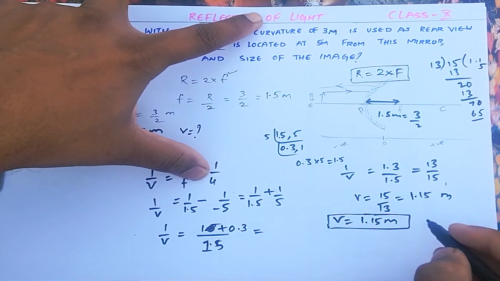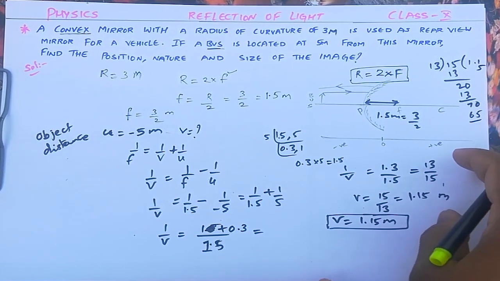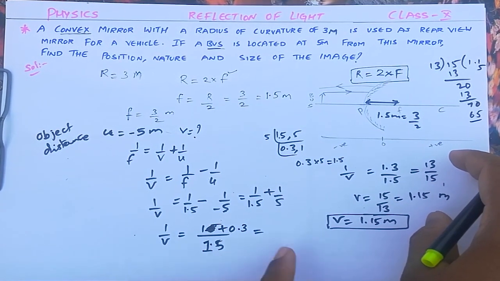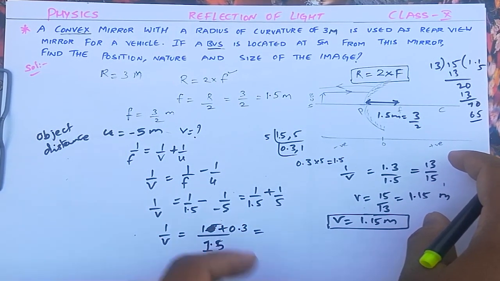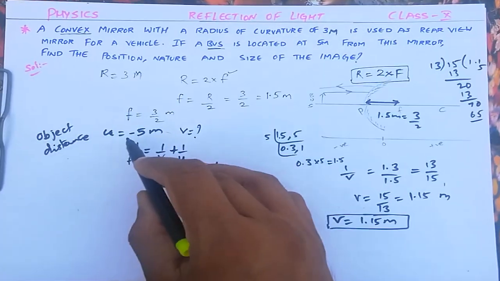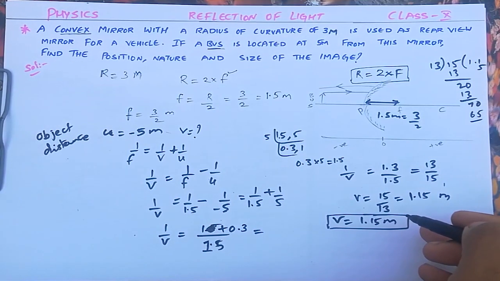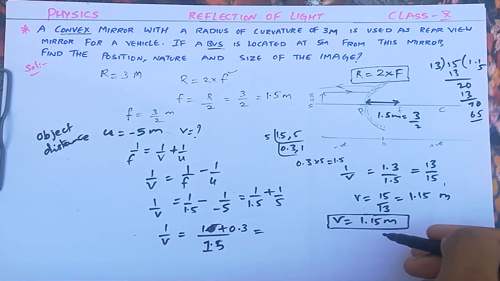So the position we got, where we get the image, that means the distance we got. What is the nature and size? If you compare the object distance, the object distance is minus 5 meters, that means 5 meters.